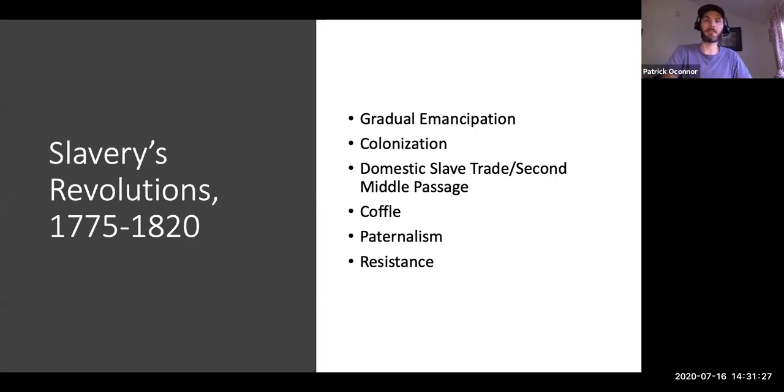So what we're going to start doing this week is transitioning from talking about colonial slavery, right? Slavery in the North American colonies that were under the dominion of Great Britain, as well as the early transatlantic slave trade.